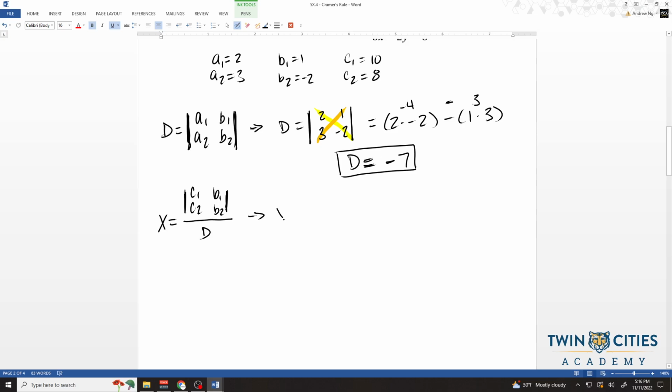So for our problem, x is equal to this determinant, 10, 8, and then 1, negative 2 in this column, and I'm dividing by d, which is negative 7.